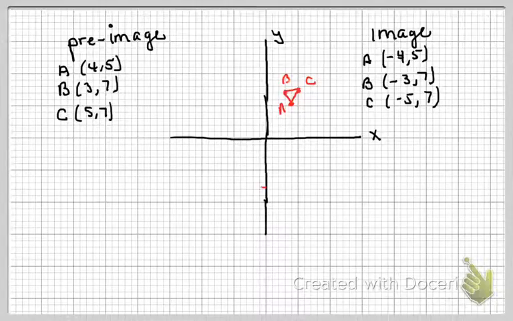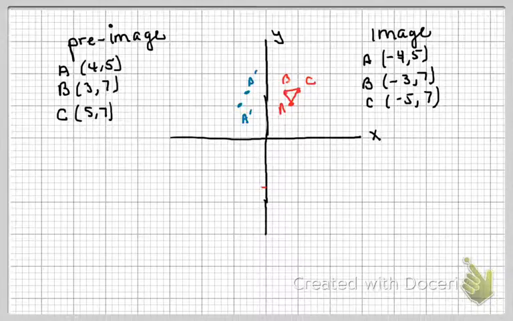But we'll check. Negative 4, 5. So negative 4, but then we still go up 5, which is right here. That is A prime. Negative 3, 7 is right here. That's B prime.